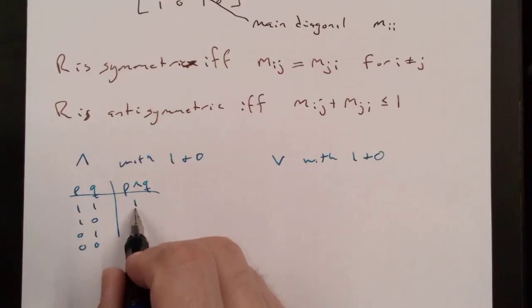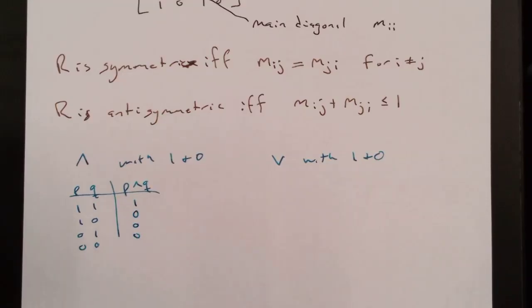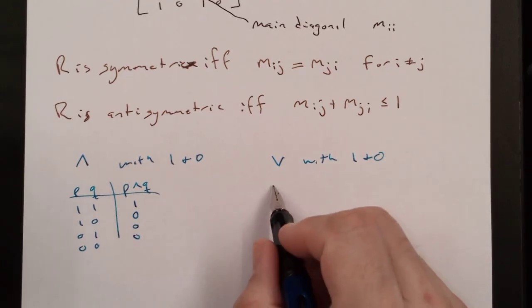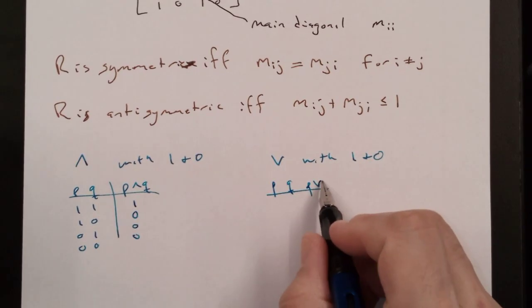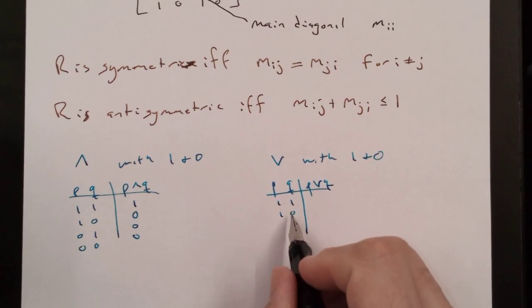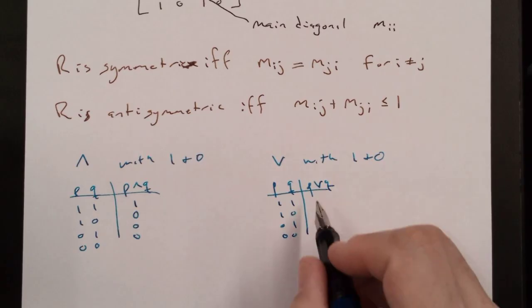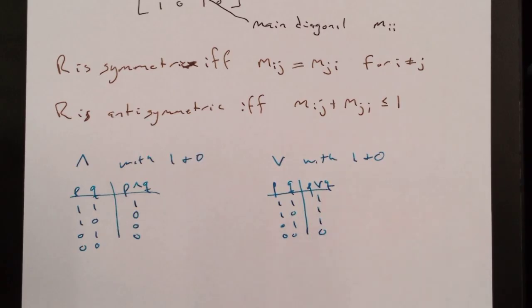If I'm doing and, it goes like that. If I'm doing or, it goes like this. George Boole, who came up with the idea of Boolean algebra, which is arithmetic on logic, said, what I want to do is think of this like multiplying.